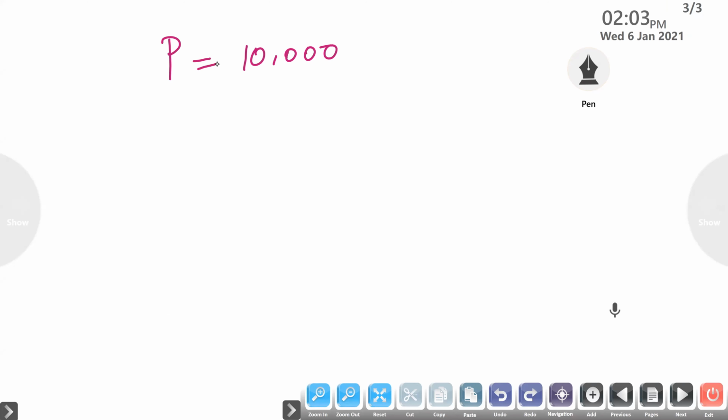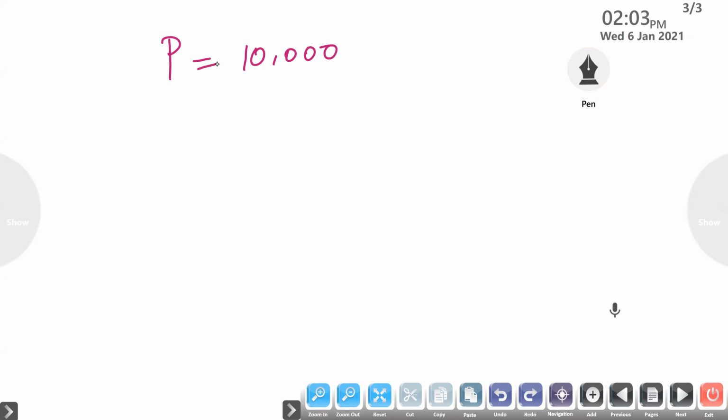How many equal installments are there? 3 equal installments, so n is 3, and he is paying at the end of 6 months. R we have to find.